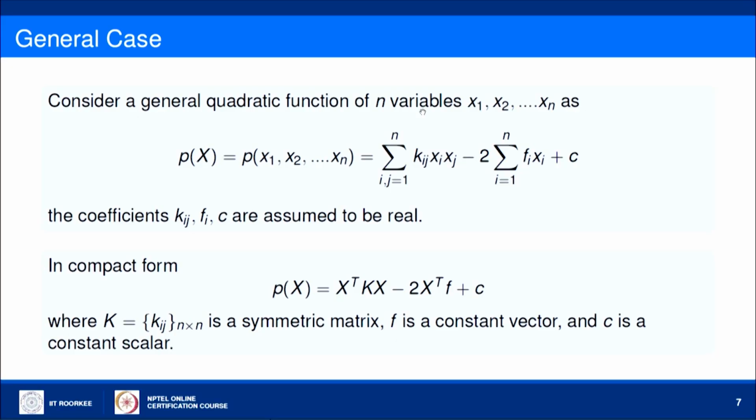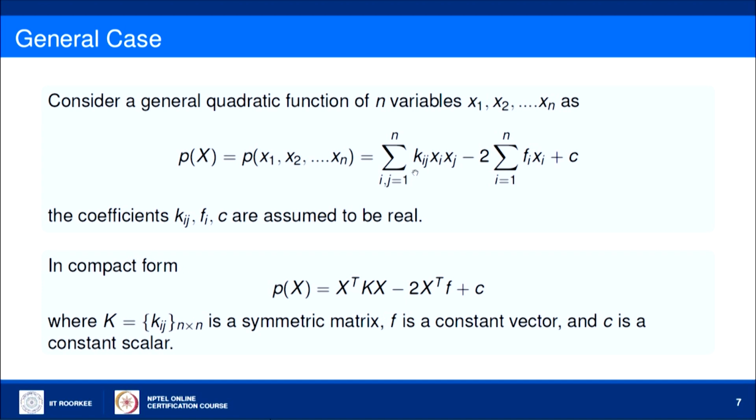So, consider a general quadratic function of n variables x1, x2, ..., xn as P(x), where x is an n dimensional vector having components x1, x2, ..., xn, and this can be written as the sum over i, j equals 1 to n of kij xi xj, minus twice the summation i equals 1 to n of fi xi, plus c, where the coefficients kij, fi, c are assumed to be real.